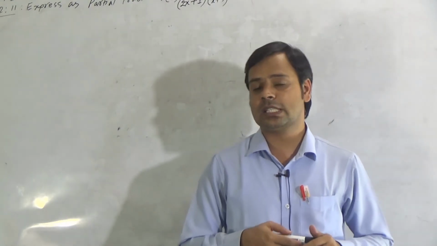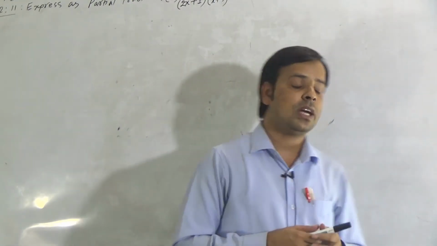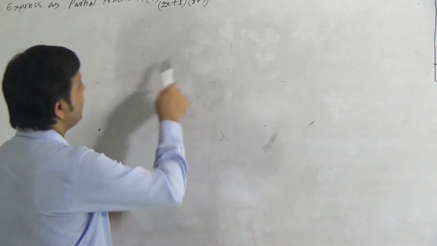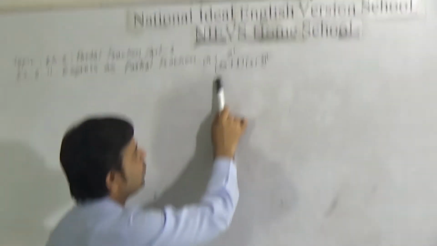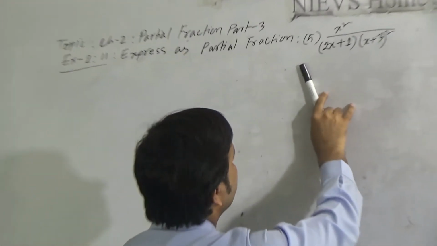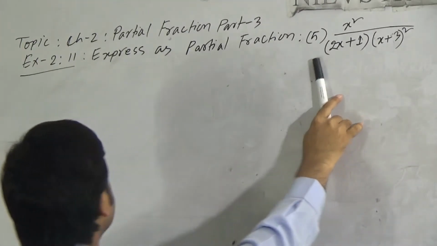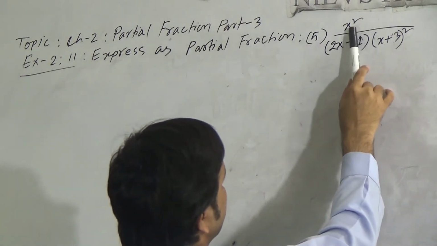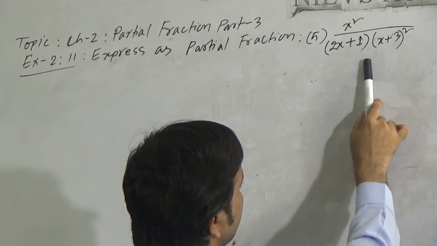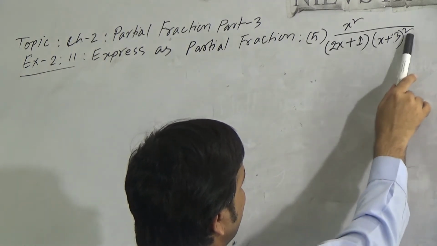Now in our today's class I will show you when the factors of the denominator will be repeated. If you notice the given question I have written here, from exercise 2 question 11 5, I have written x square by 2x plus 1 into x plus 3 whole square.